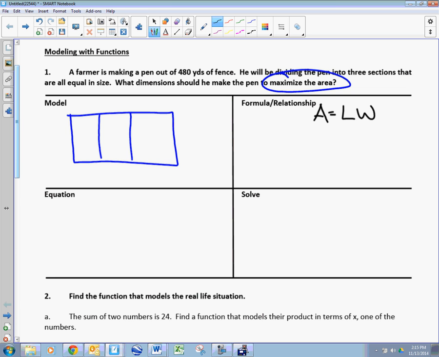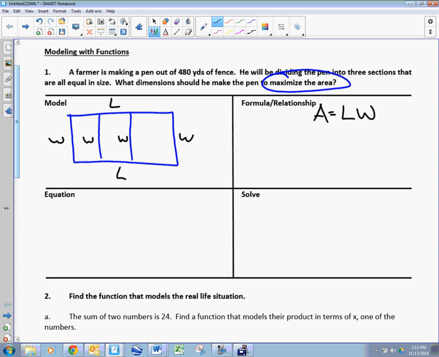So, I'll look back at my drawing. What should be W? Right there. But I have fencing down the middle because I'm dividing this up into 3 sections. So if I want to write an equation for area, I don't want 2 variables, I want 1. And if I want to go from 2 variables to 1, I need 2 equations instead of 1.